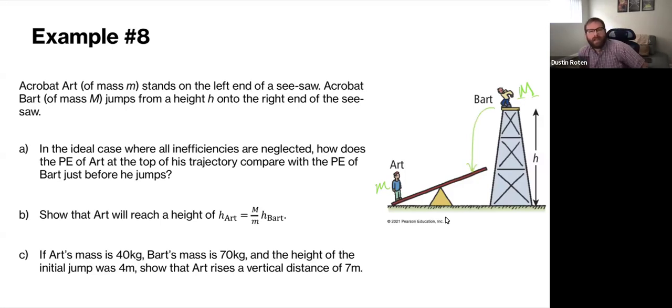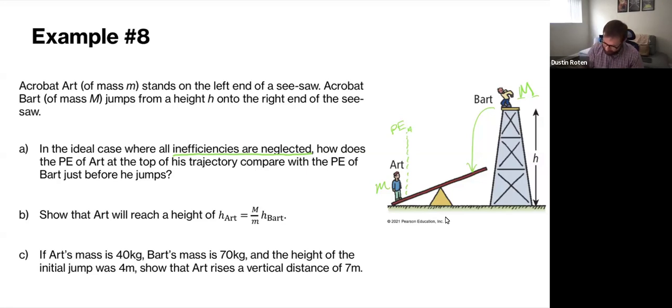In the ideal case where all inefficiencies are neglected, so we're going to assume there's no loss to sound or heat, how does the potential energy of Art at the top of his trajectory, so he is going to fly up here, compare with the potential energy of Bart just before he jumps?